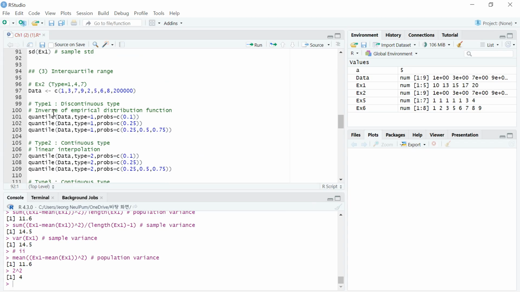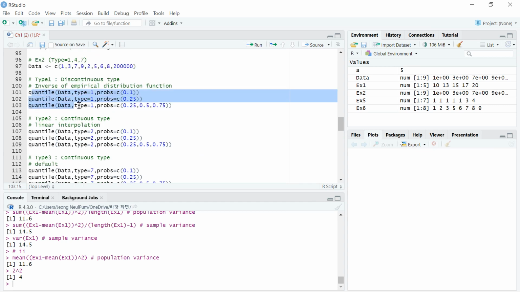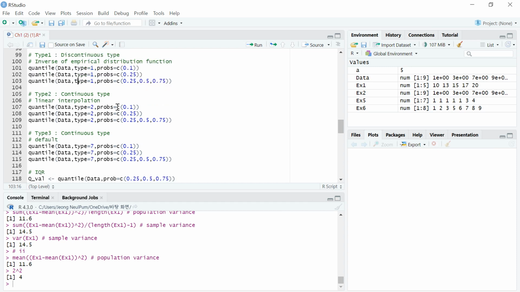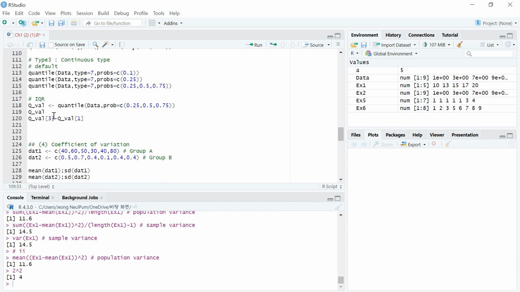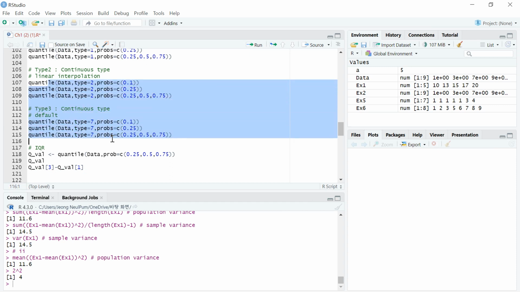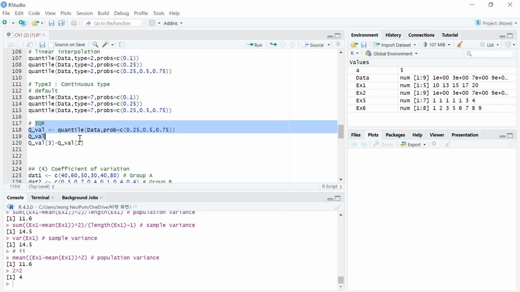What you have to know in this part is that if we have our own data, the quantile function gives us the quantile values, taking our own probabilities as input. With these quantile values, we can also get the interquartile range, the IQR, as you already know, which is the difference between the third quartile and the first quartile, which is here.